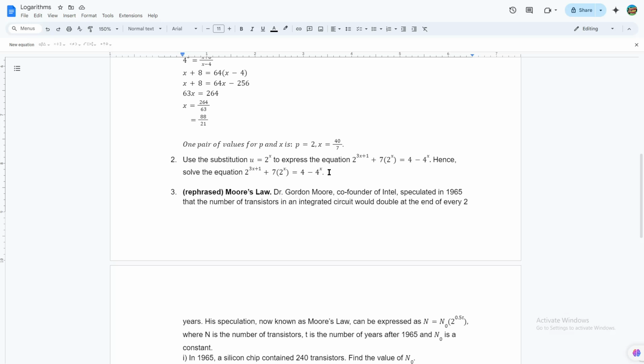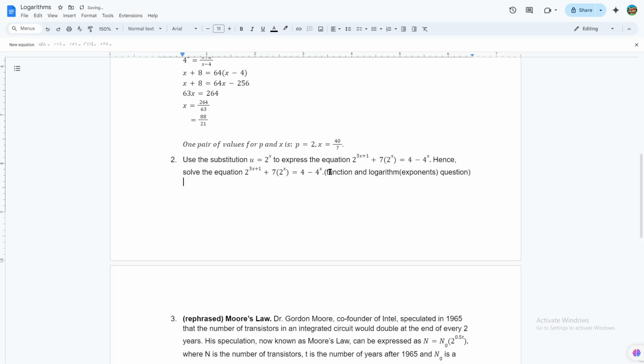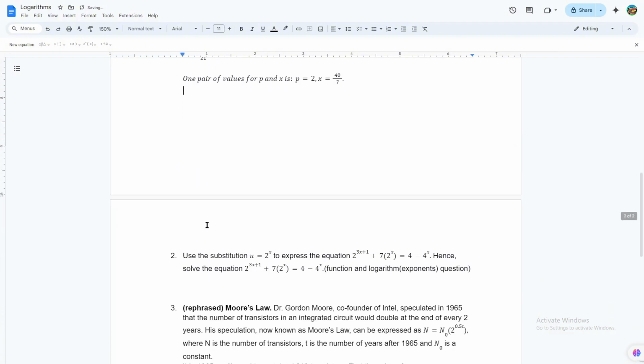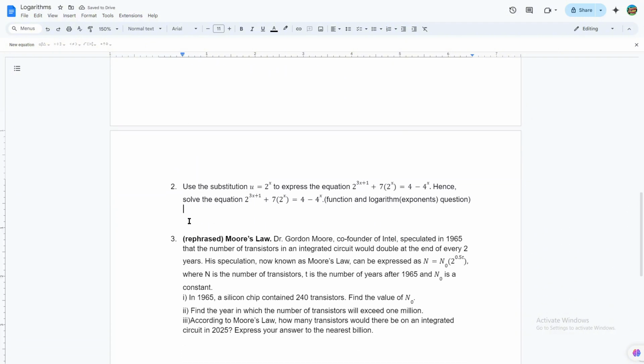As you can see, this question is also a function question and a logarithm, specifically exponents, question. So, let's move this question down and start by copying this equation out.